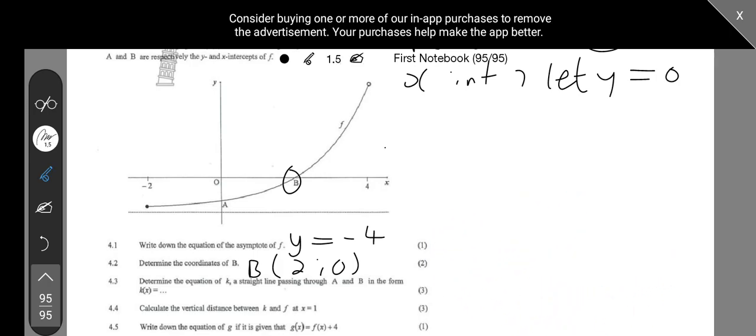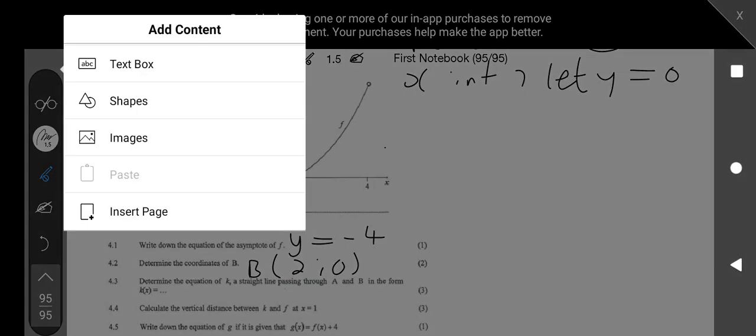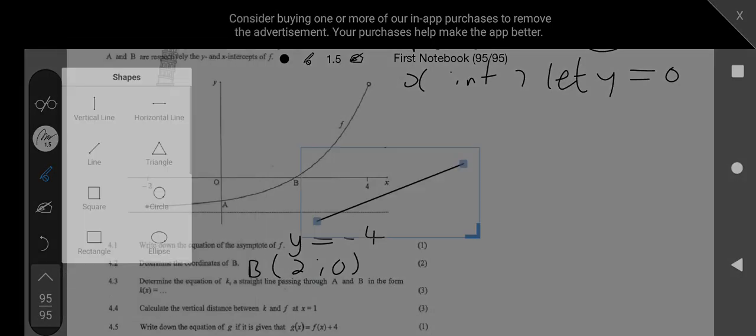So 4.3 says, determine the equation of k, a straight line passing through A and B, in the form k of x equals. Note something here: they want the equation of line k. So let me plug in a line here.